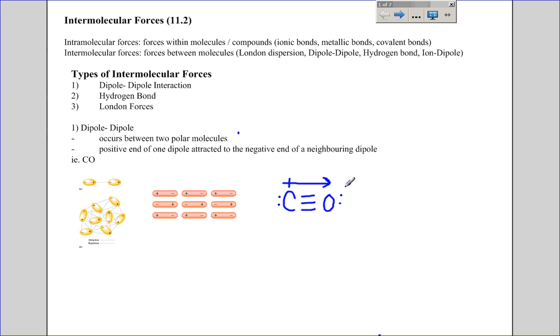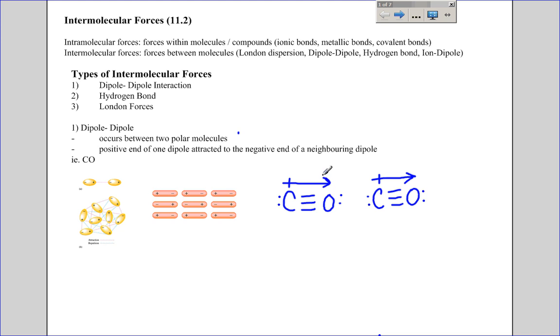Now, this is the molecule properly labeled with its dipole, but in order to look at intermolecular forces, we need to look at another carbon monoxide molecule beside it. So these are polar molecules, and where the intermolecular force lies is it's the force between the molecules holding them together in a sample.